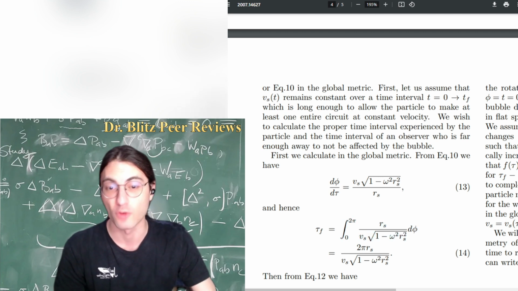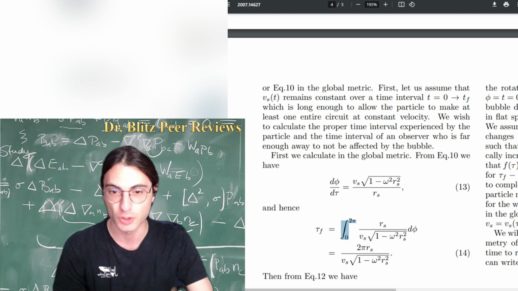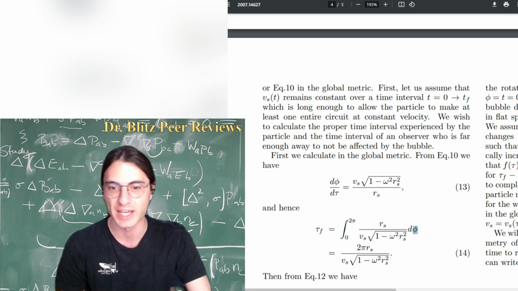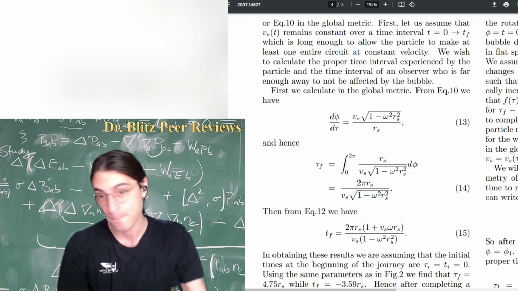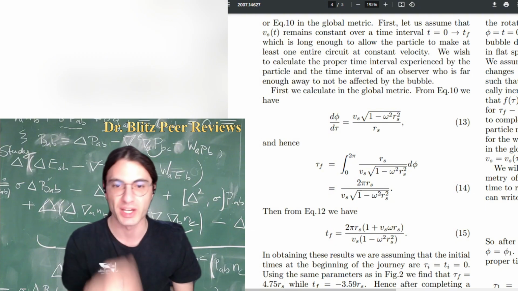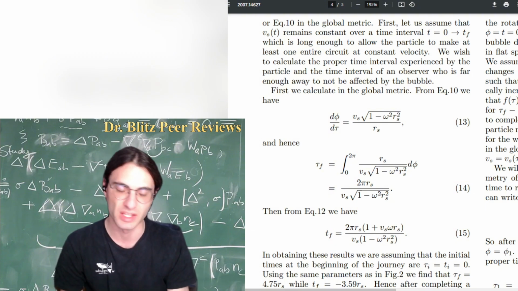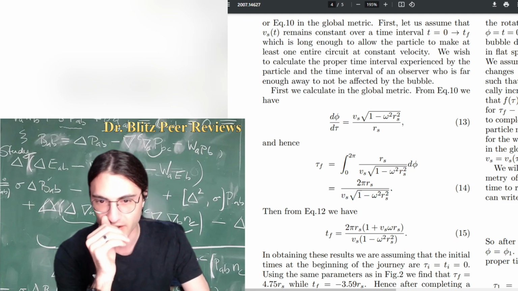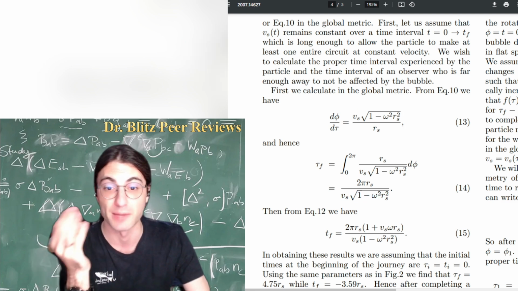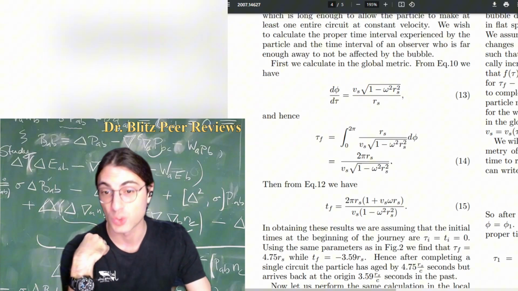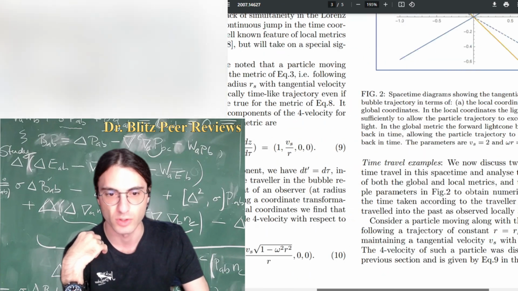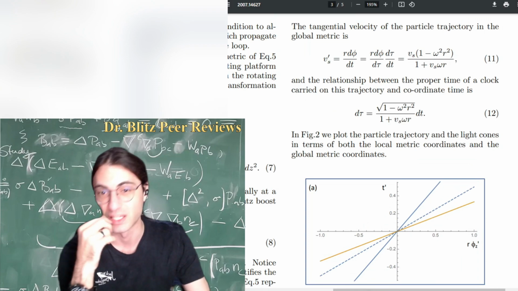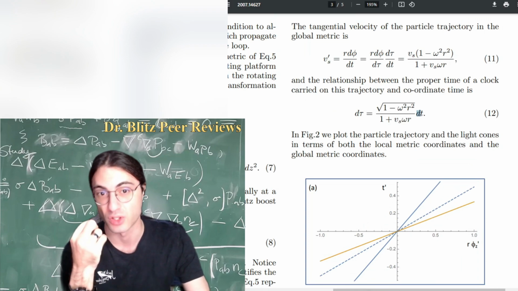You can integrate over one full loop. You're making one full loop. That's 2 pi radians in the angular trajectory, and you get this value. You get a total time which is related to the distance away from the center that you are, the speed that you're rotating at, and the speed that your Alcubierre drive is moving at. They then say from equation 12, which is over here, this relates the proper time to the coordinate time.